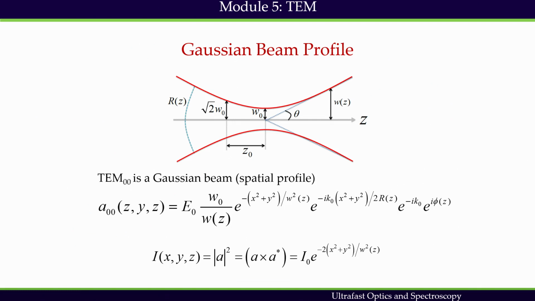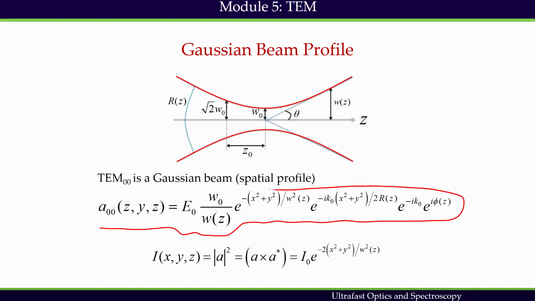The TEM00 solution of the paraxial wave equation, which features a Gaussian beam, can be written as this. So, this is the final solution for the lowest order solution A00.